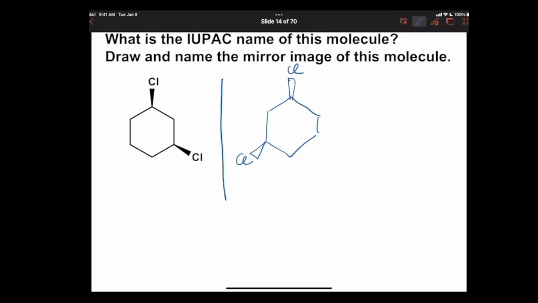The molecule we had and the mirror image we created, are these the same thing? Can I rotate this molecule in such a way to overlap all the different parts of it? If I were to take this chlorine here and line it up there, this chlorine here, line it up there, that's possible by just rotating this down, rotate this up.